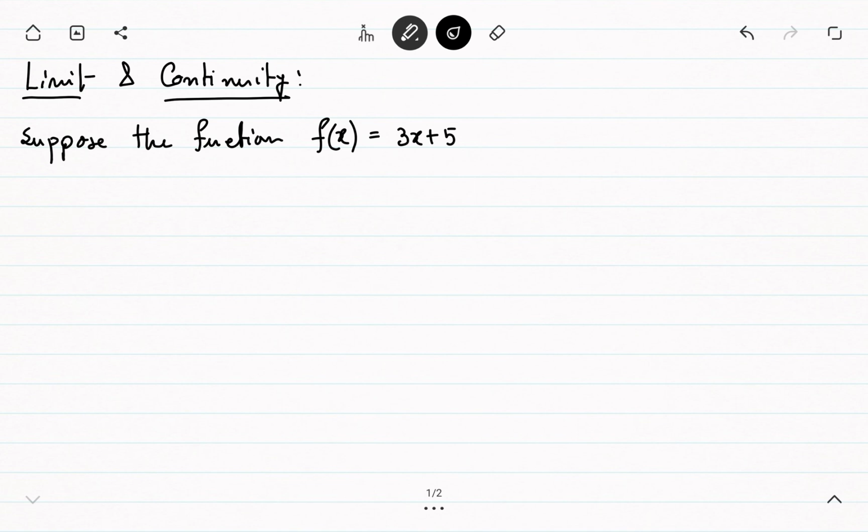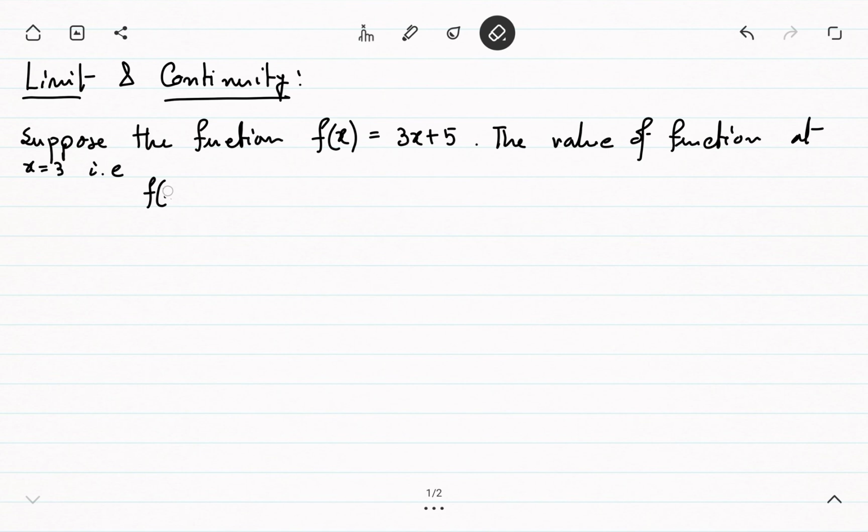So the value of the function at x equals 3, that is f of 3, will be what? It will be 14, right?